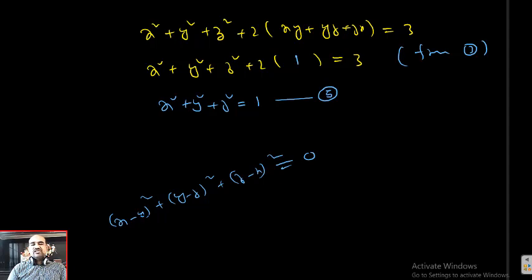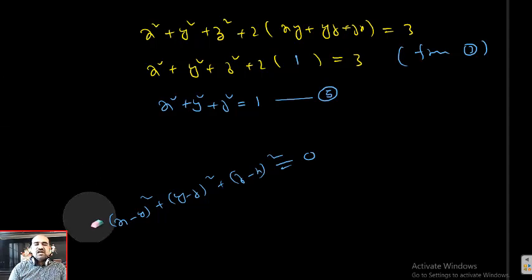So x minus y should be 0, y minus z should be 0, z minus x should be 0. x minus y equals 0 means x equals y, y minus z equals 0 means y equals z, z minus x equals 0 means z equals x. So x equals y equals z.